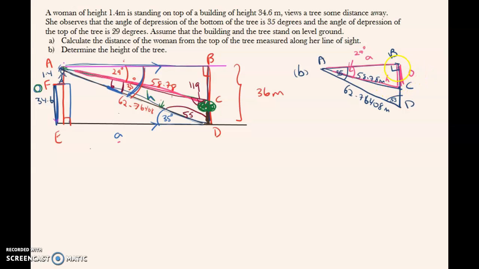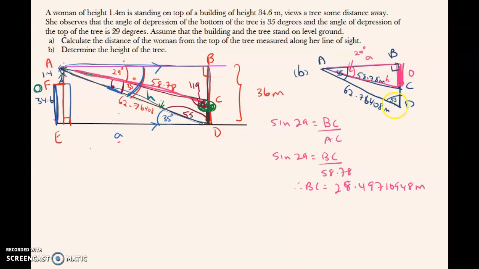So if I want to find BC, I could use opposite over hypotenuse. So that'll be sine of 29 is equal to BC over AC. So sine of 29 is BC over 58.78. Therefore BC is sine 29 times 58.78, and that works out to be 28.49710948 meters. Now that's this distance here.